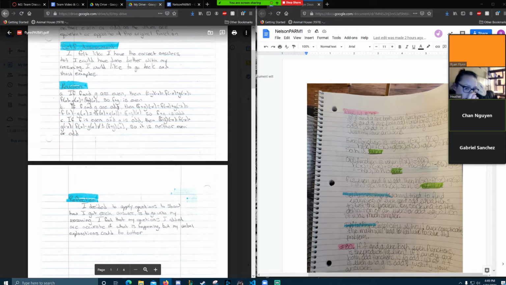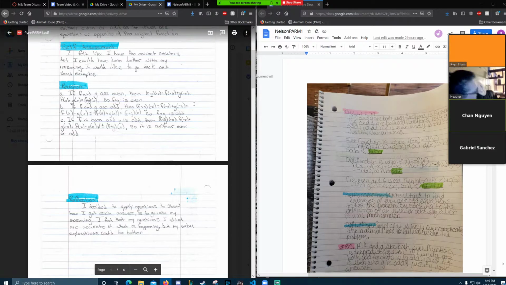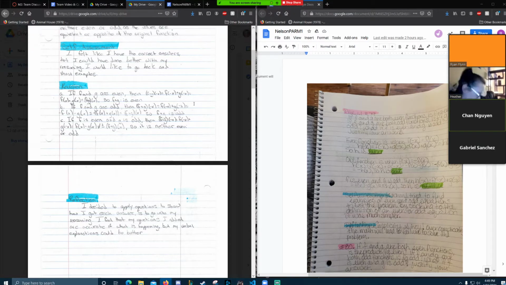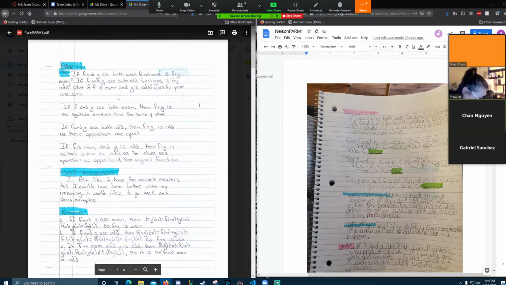It's pretty much the inverse for the odd one, and then neither for the last one, as f plus g of negative x equals f of negative x plus g of negative x equals f of x minus g of x, which cannot equal plus or minus f plus g of x. So neither. This is just explaining what you know as well. Let me see here. One sec.